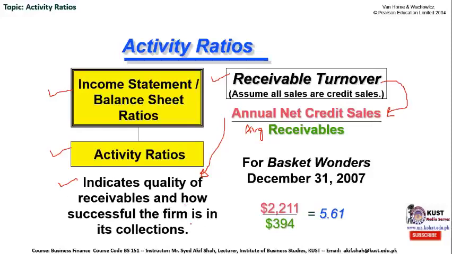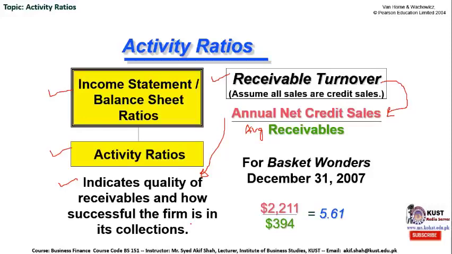This ratio enables the investors as well as the internal management to know about the collection department, whether they are able to collect their accounts receivable in due course of time, or they actually failed and ultimately such accounts receivable turned out to be bad debts which are not collectible, and ultimately the company will have to write off such accounts receivable.